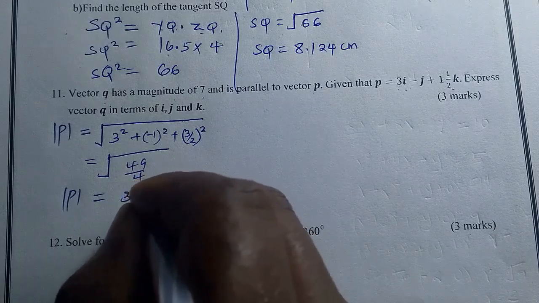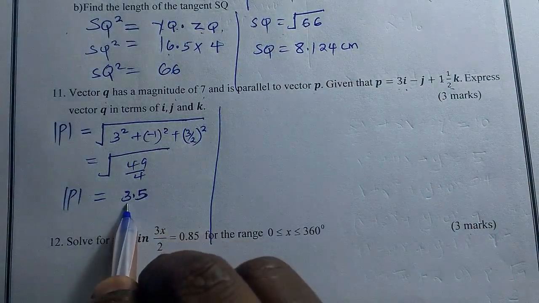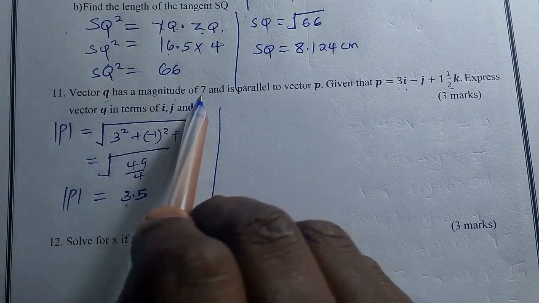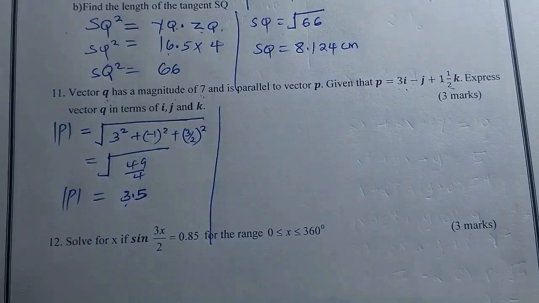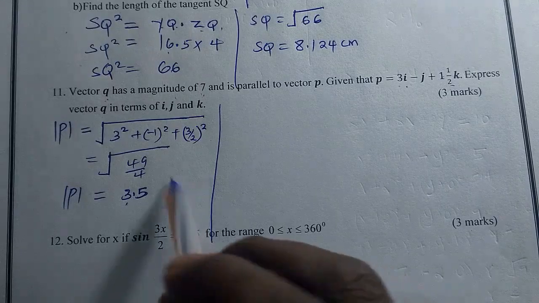Now we have the magnitude of P as 3.5, but the magnitude of Q is 7. But we know that if two vectors are parallel, one must be expressed in terms of the other. So one could be twice or thrice of the other.